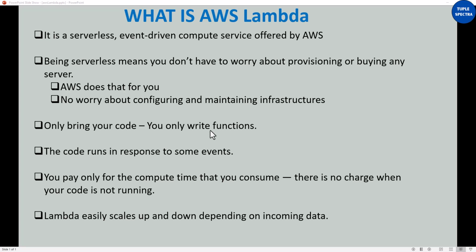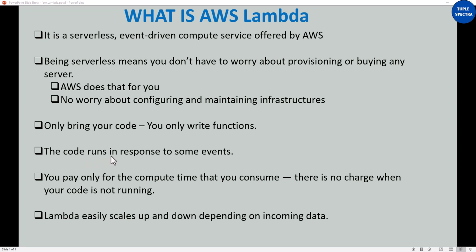So whenever this image file is uploaded into the S3 bucket, that is going to trigger the Lambda function to run and then process your file to either reduce the file size or increase the file size, depending on what you want your application to do. And that's why we said that you only bring your code, that is, you only write your functions, okay? You create the function, and then the AWS Lambda does its own thing.